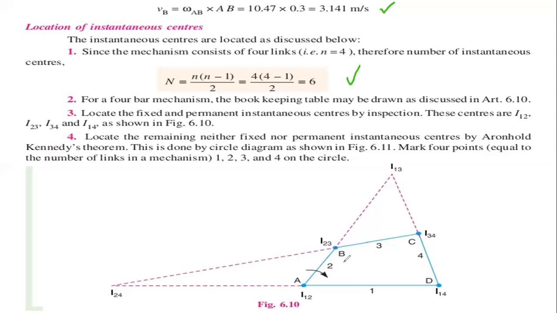Now we are going to locate the remaining, that is neither fixed nor permanent, instantaneous centers by Kennedy's theorem. That is, 3 centers in the same straight line.